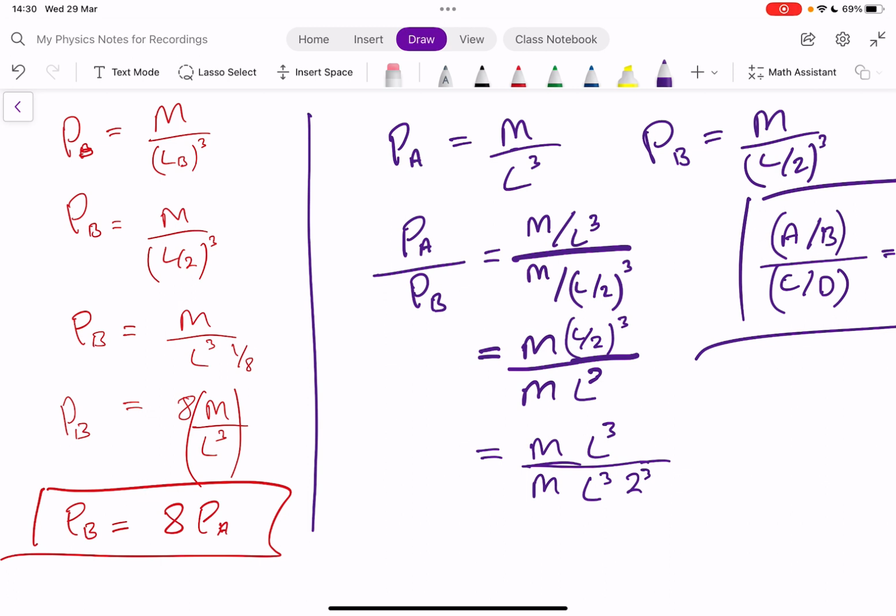Now, hopefully, we can see that the M's would cancel and the L's would cancel, leaving us just with 1 over 2 cubed. But let's just put the left-hand side back in.